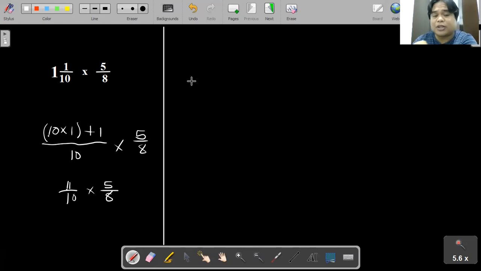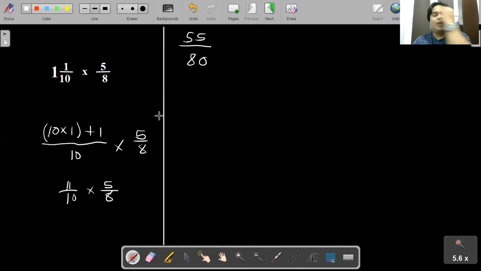When you multiply fractions, you just multiply numerator times numerator and denominator times denominator. So 11 times 5 is 55, and 10 times 8 is 80.